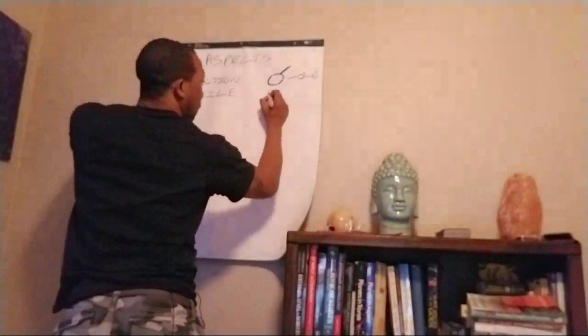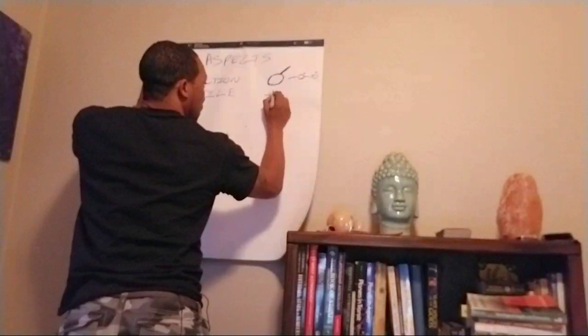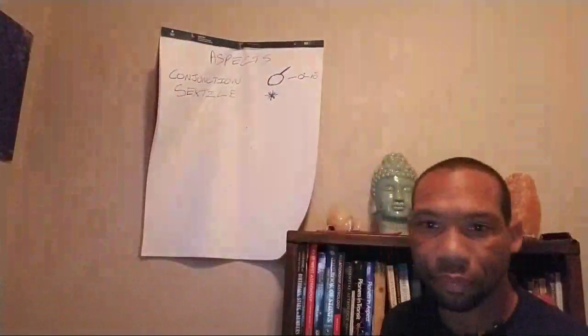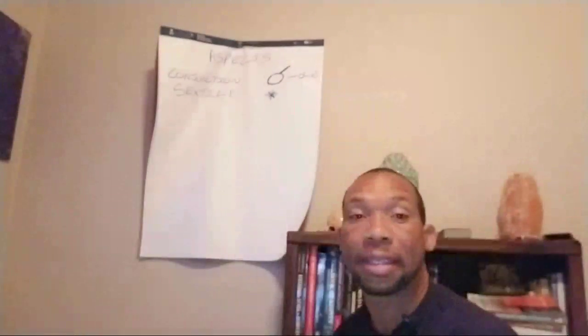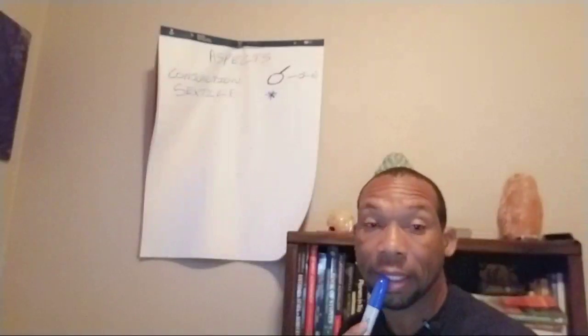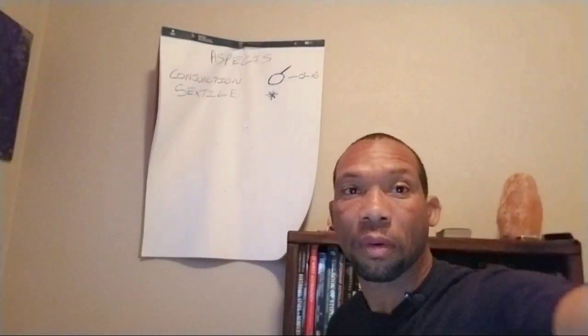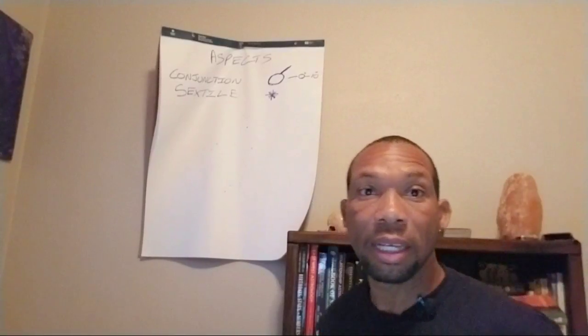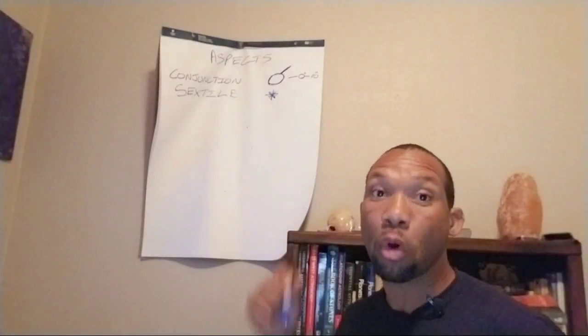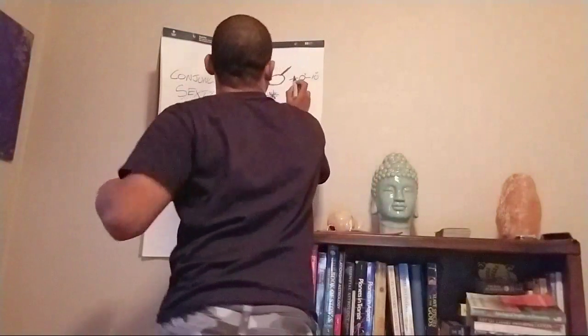The sextile looks like this, like a star, literally. It looks like a star. And the sextile is 60 degrees, or 2 signs away.